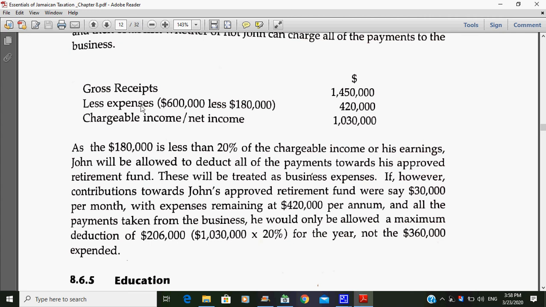So once it is less than 20% of the net income, it is okay to use. Alright.